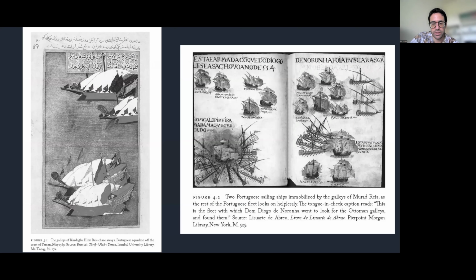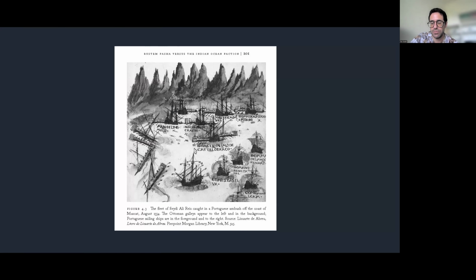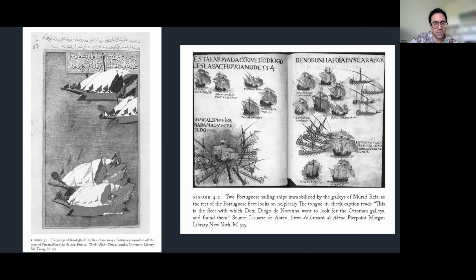Right away, there was a push between the 1520s to the 1560s to set out and try to control the Red Sea and the Indian Ocean from the Portuguese. And this is depicted in both Portuguese and Ottoman miniature illustrations.